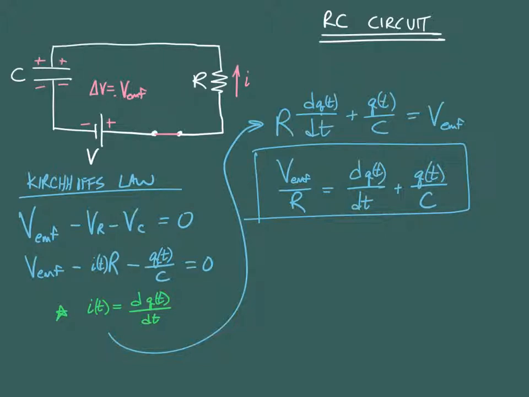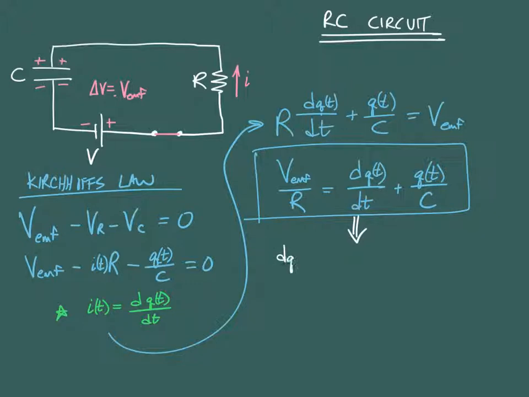So let's, I'm going to simplify the notation a little bit just for ease of not having to mess with everything. So one thing I can do is just write dq/dt so that I can rearrange this.